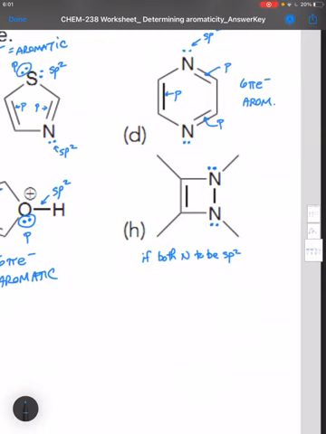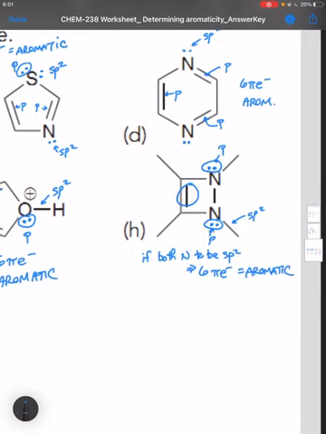So let's consider that. If both nitrogens are sp2, then that means our bonds are sp2 hybridized orbitals, and our lone pairs, both of them, right, both nitrogens, have to be in the p system, the pi system. If that's true, we've got 2, 4, 6 pi electrons, which is aromatic.